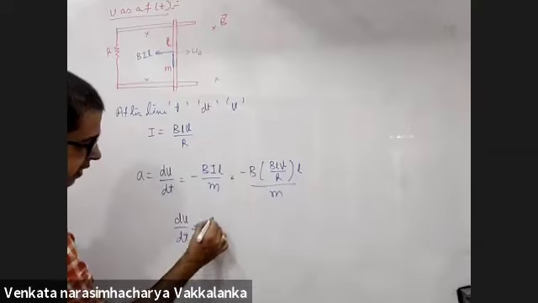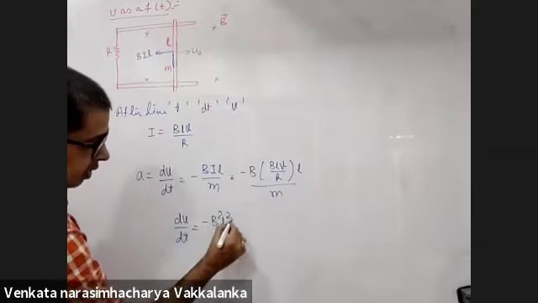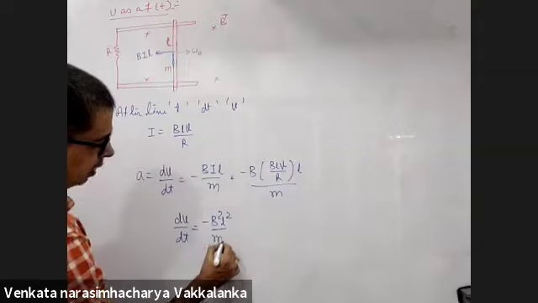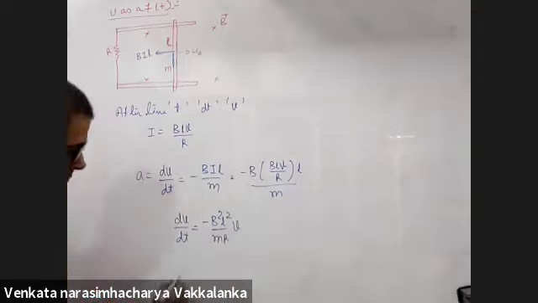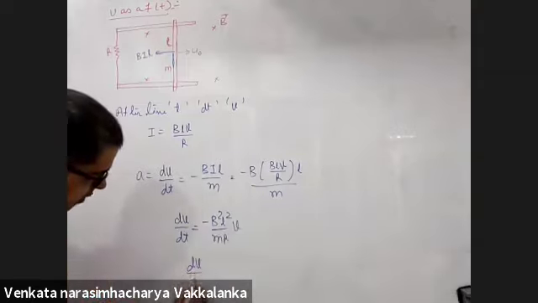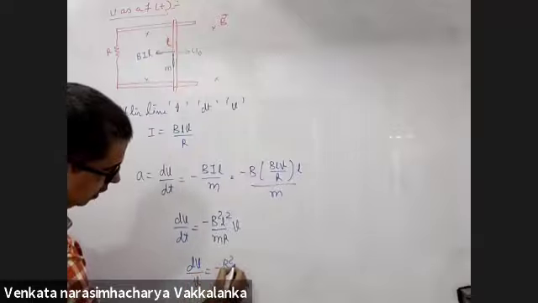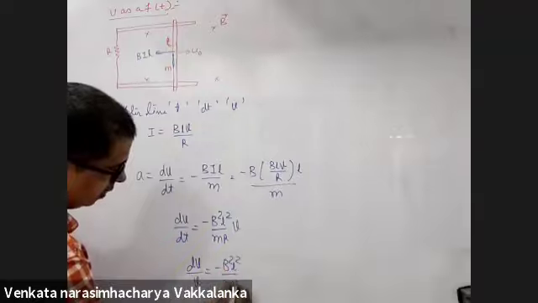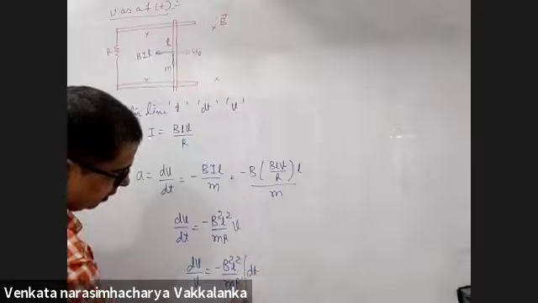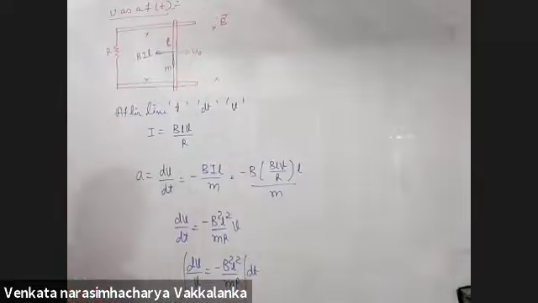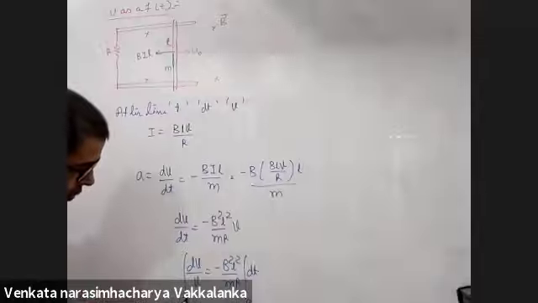dv by dt is minus B square L square by MR into v. dv by v is minus B square L square by MR into dt. At time t equal to 0, velocity was u naught.